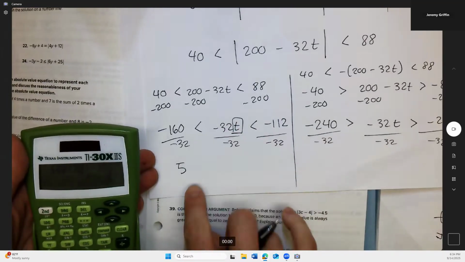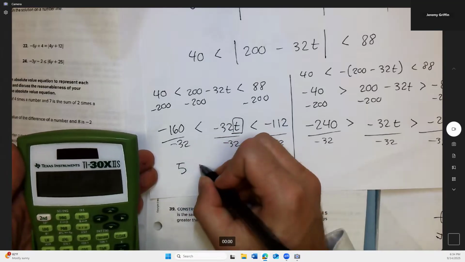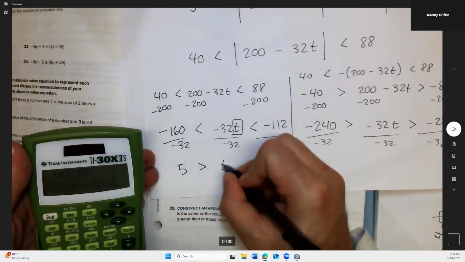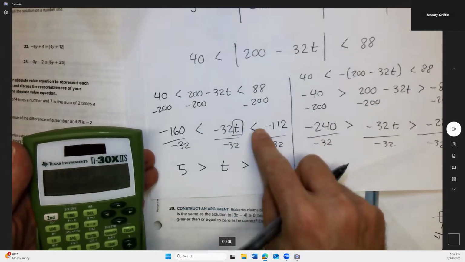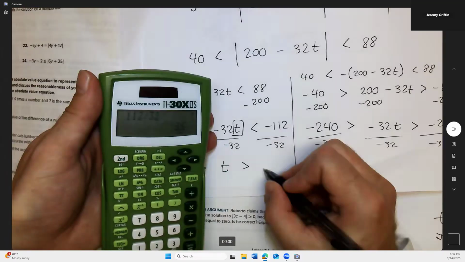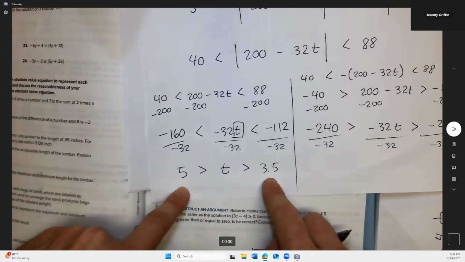Now remember, when you divide by a negative, all the inequalities swap direction. So this becomes greater than t, and then this would also change. And then 112 over 32 works out to 3.5. So the time's between 3.5 and 5 seconds on this side.